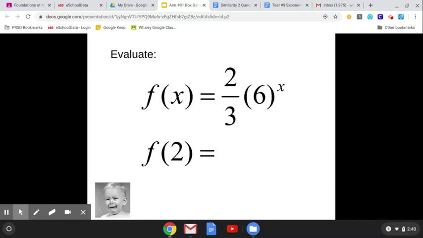It says evaluate 2/3 times 6 to the x. It's an exponential expression because our x is our exponent. So it's just 2/3 times 6 to the second. I'm just typing this into my calculator.